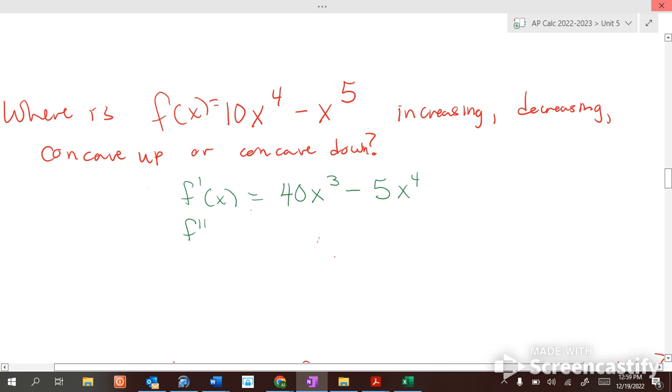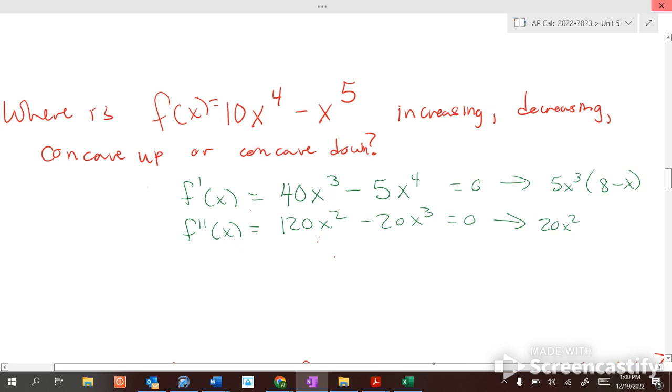What's the second derivative? 120x squared minus 20x cubed. Set them both equal to 0. So for this one, if you factor out 5x to the third, you get 8 minus x. This one, if you factor out 20x squared, you get 6 minus x, correct?